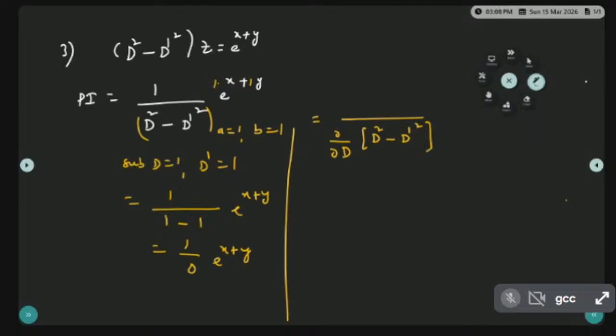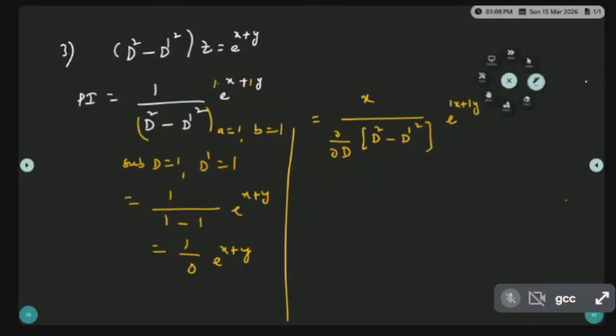If you are differentiating the denominator one time, you must keep x in the numerator. That is compulsory. By keeping x in the numerator, differentiate the denominator. And okay, e power x plus y.